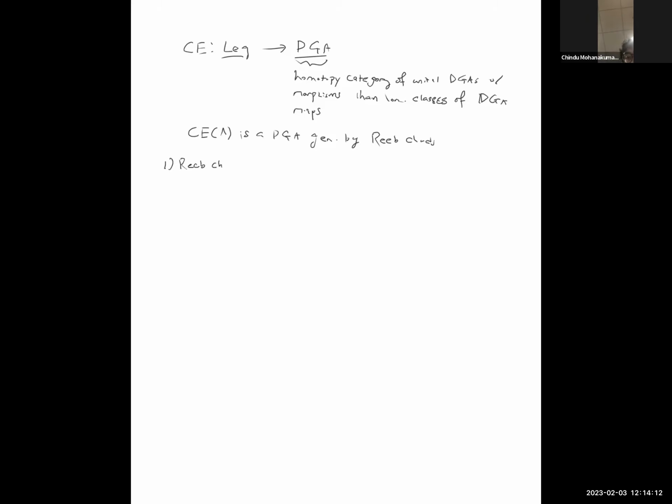To remind you what a Reeb chord is, these are just trajectories of the Reeb vector field with endpoints on lambda. And so these Reeb chords carry a Z mod 2 grading, and this grading can be upgraded to Z.